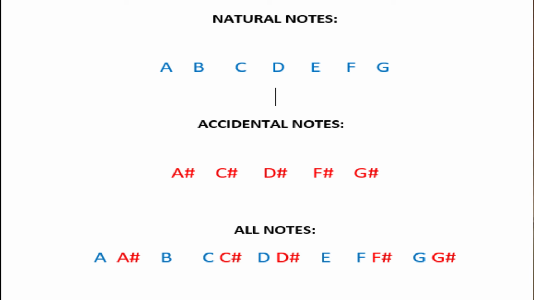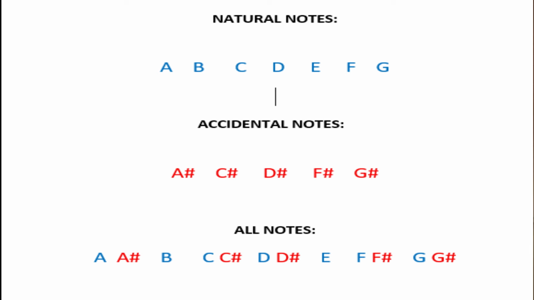Apart from these 7 naturally occurring notes, there are also 5 notes which are called accidental notes. They are termed A sharp, C sharp, D sharp, F sharp and G sharp. You must have noticed that there are no sharps of the notes B and E. B sharp or E sharp does not exist in music.